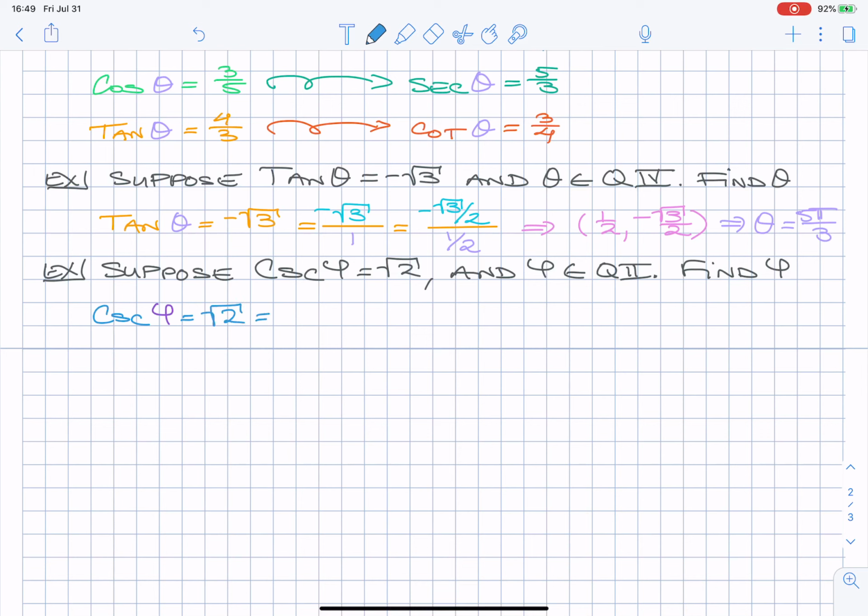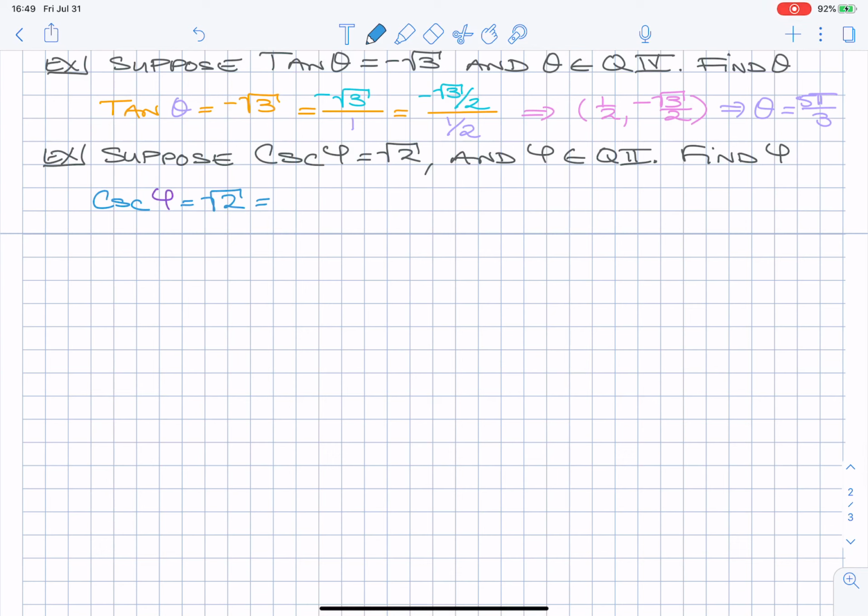So I'm going to write this as, how do I want to say this? 1 over the square root of 2 over 2. Which is not easy to see, so how do I want to say this better?